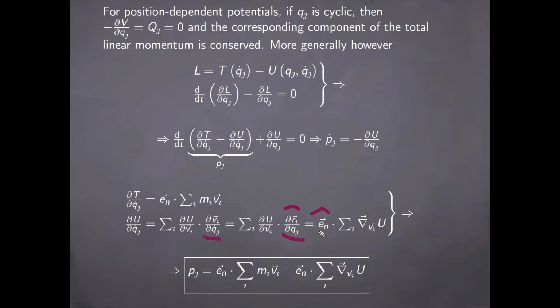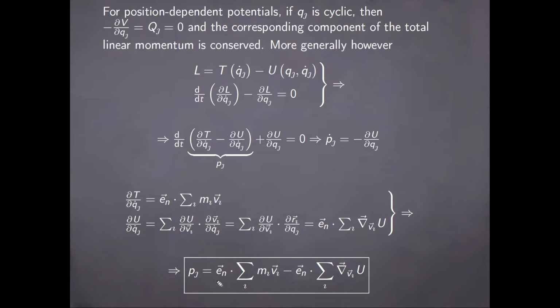It's the dot product between this versor and the sum over particles of the gradients of U with respect to each particle's velocity, and as such the result is that the canonical momentum p conjugate to the generalized coordinate qj is equal to the expression here.